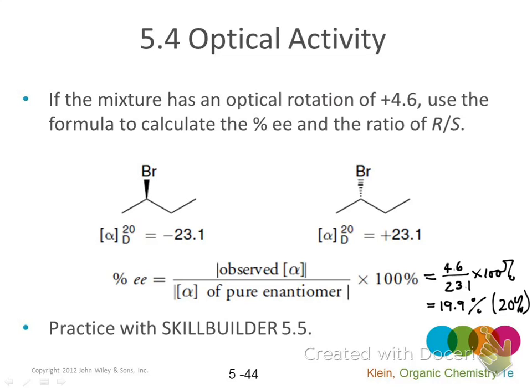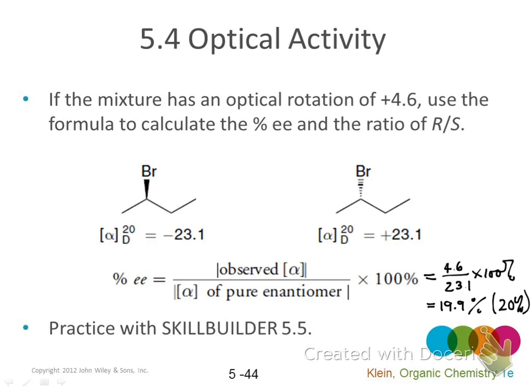In order to get the actual percentages, I just take half of this number, 10, and 50-50 would be racemic. So it'd be 10 plus the 50 and 10 minus the 50. And those are the numbers that tell you the actual amount. So 10 plus 50 would be 60, and 50 minus 10 would be 40. So it's 60% of one, 40% of the other.